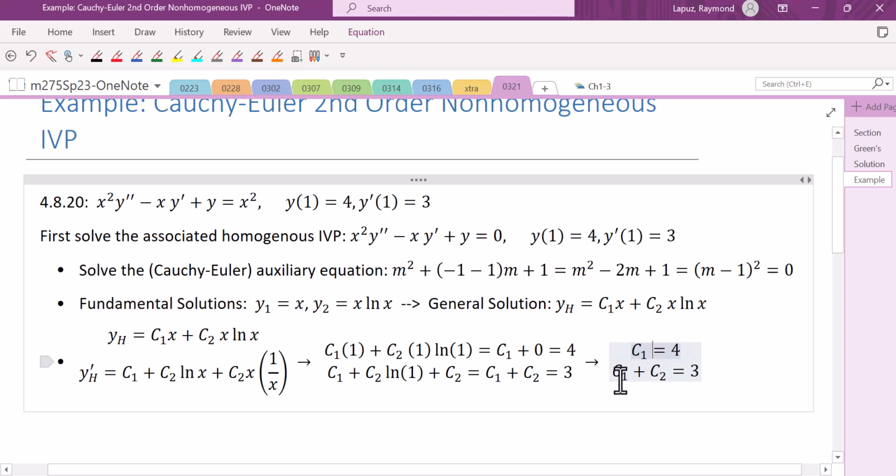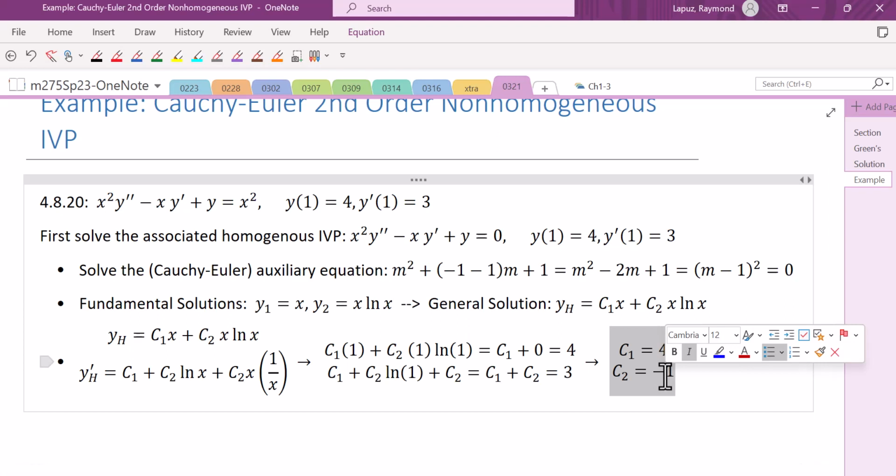And then c sub 2, if c sub 1 is equal to 4, c sub 2 will be equal to negative 1. So c sub 2 equals negative 1. And these would be our constants, and now we get the solution to the first initial value problem.